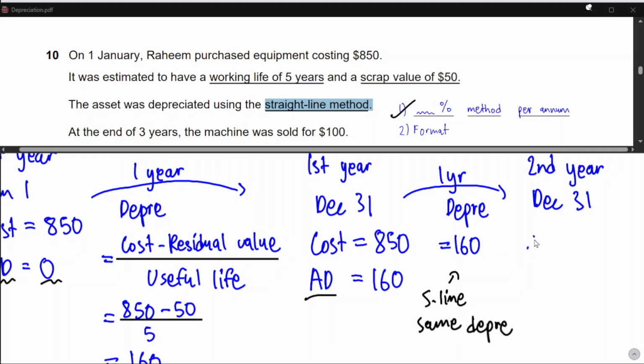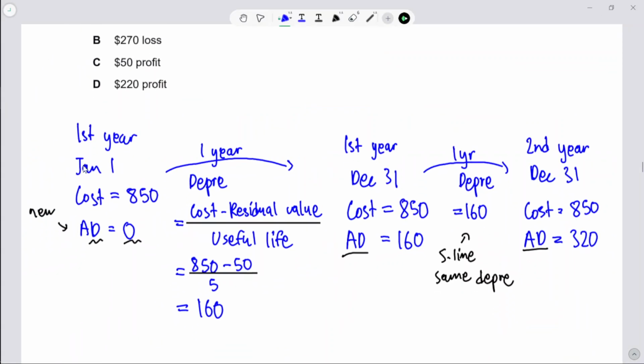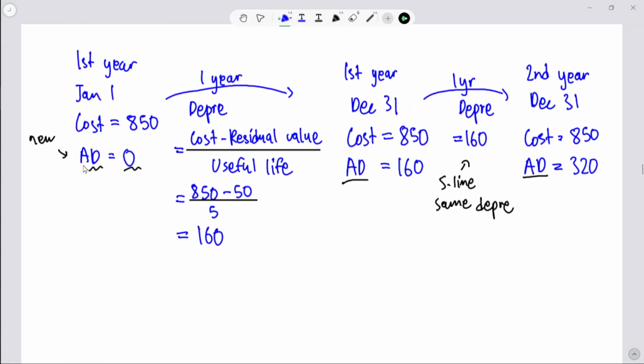The cost will be the same, while the AD will keep on adding. So this AD will get 320.